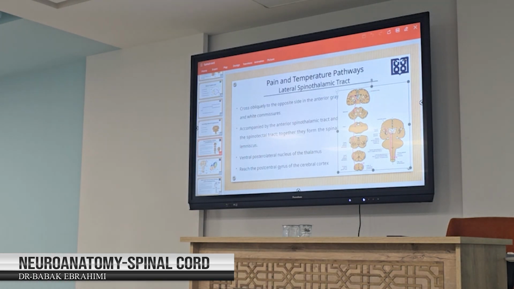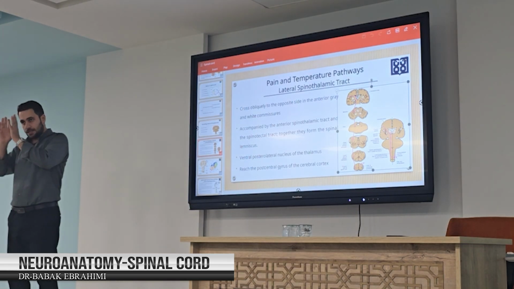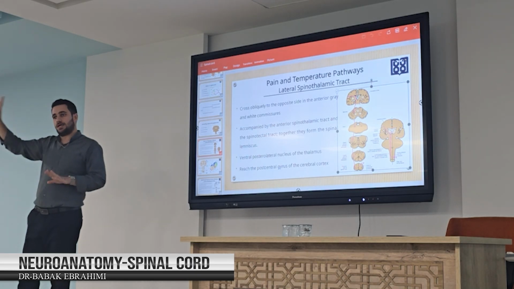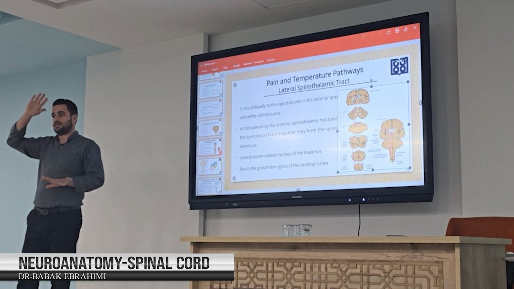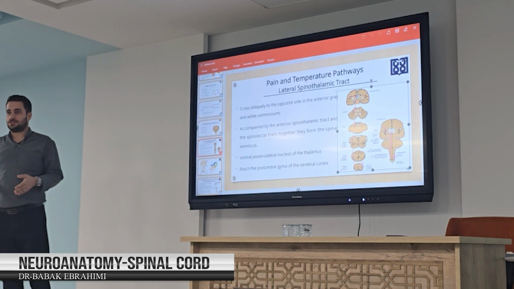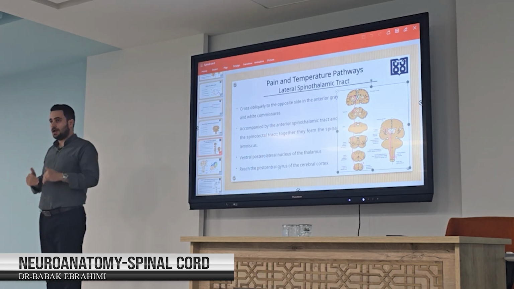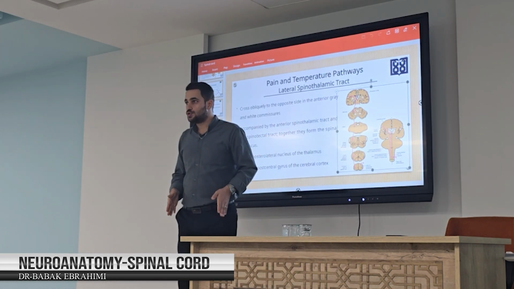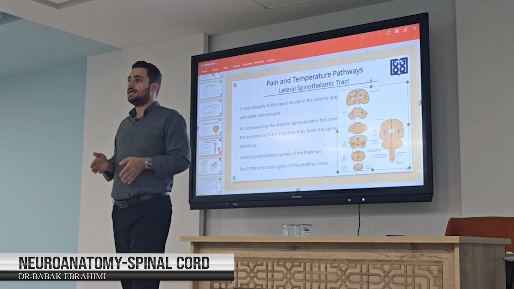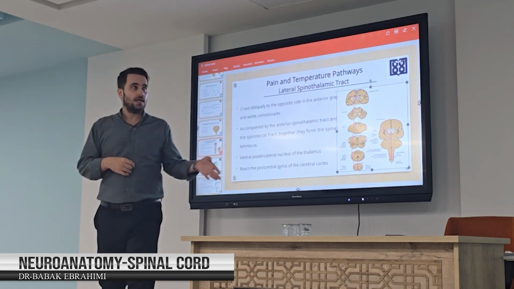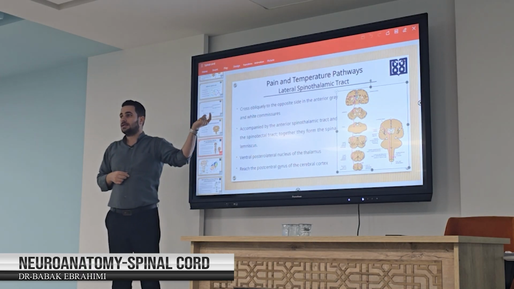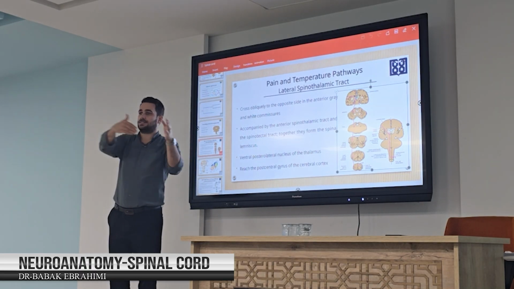For example, it comes to the right side of the spinal cord, then goes upward on the right side of the brainstem, and goes to the right side of the cerebral cortex. We call it ipsilateral. But if I come to the spinal cord, then go to the other side and then upward to the brain, we say contralateral. So if you see this word, cross, cross means goes to the other side.